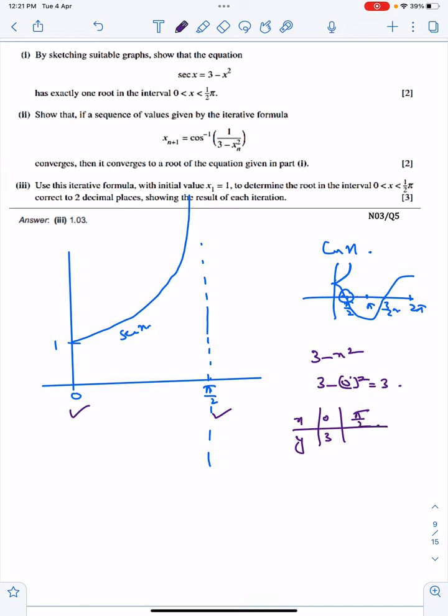If x is pi by 2, 3 minus pi by 2 square is giving me 0.532. That means with pi by 2 I have to plot 0.532, which is this point, and with 0 I have to plot 3. This is the graph of the quadratic curve. So you just have to draw it till here. This is enough.